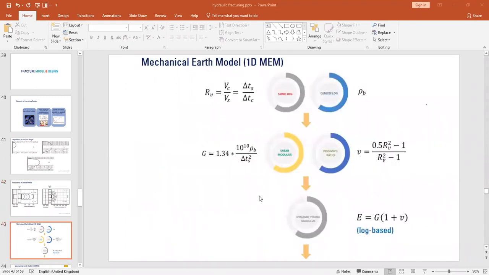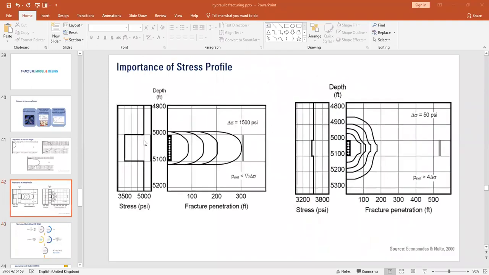Now, how do we build a geomechanical model with what we call the mechanical earth model, which is a 1D model? A 1D model simply means one-dimensional, meaning that you don't see a three-dimensional picture of it. For example, this is a one-dimension model because it's just giving you how the stress is going to vary from top to down.